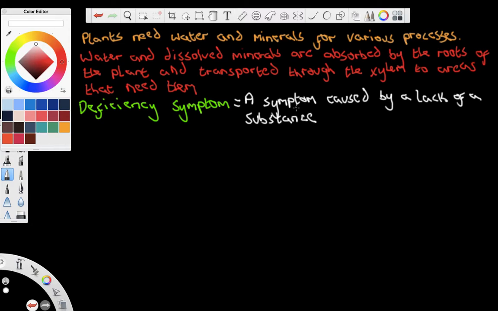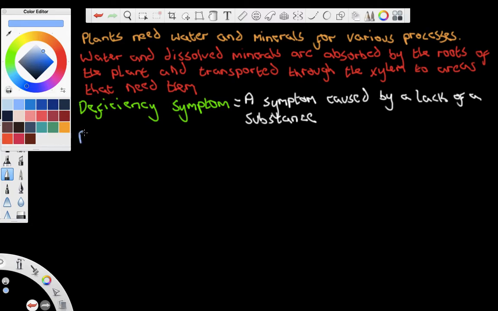Now, while all organisms can have various deficiency symptoms, for example, if you don't have enough iron in your diet, you can feel fatigued. That is a deficiency symptom. We're talking mainly here about plants. So we can say, I'm going to try and keep all on one slide today so we haven't got to wipe the board.